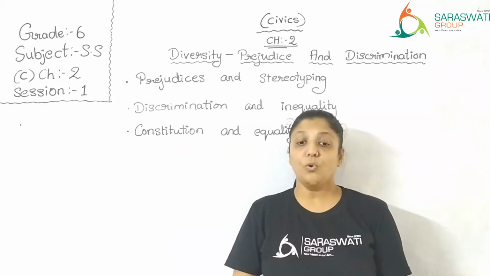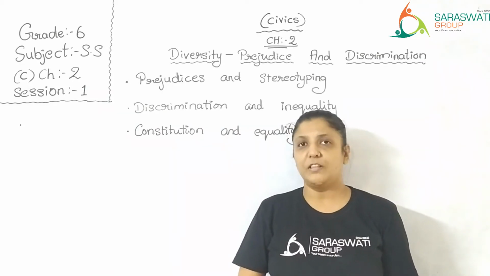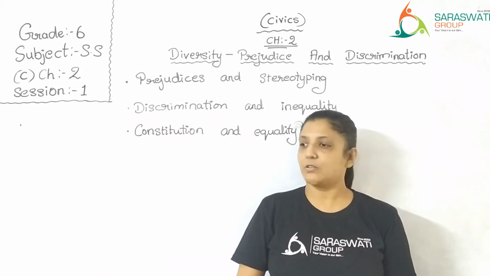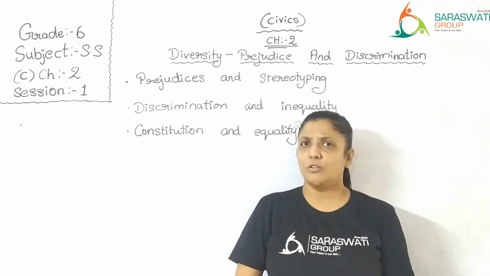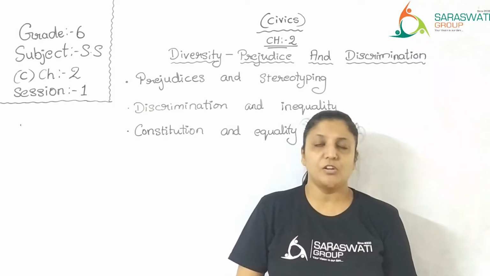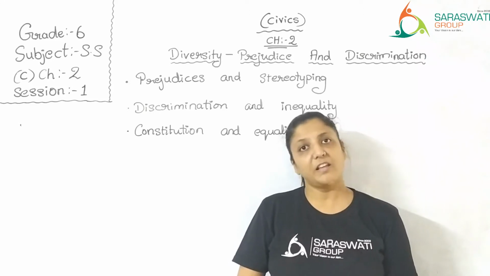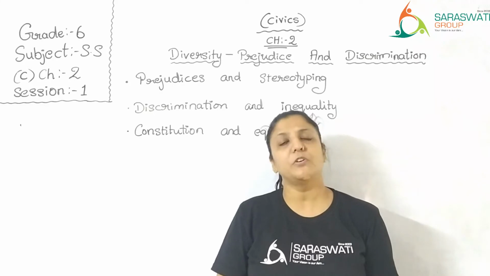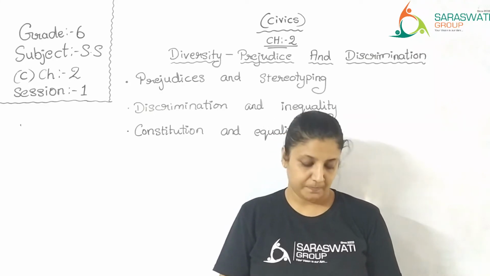See, if I judge, oh, this child looks so brilliant, then that is positive. But just looking at the face, this child is so naughty, that is negative. Though I don't know whether he or she is naughty or not, I just made a judgment. So that is a negative judgment. Sometimes it is a positive, sometimes a negative judgment.